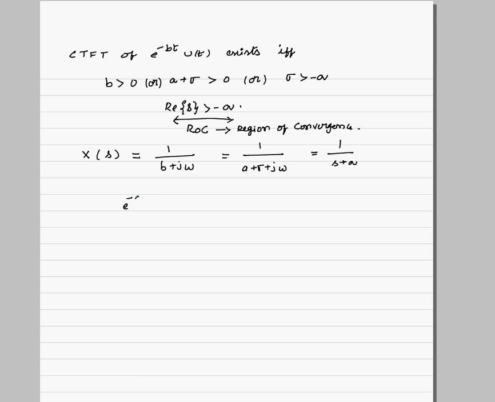E power minus at u of t will have 1 by s plus a as a Laplace transform with ROC real part of s greater than minus a. It's a very important result, so let us put that in a box.